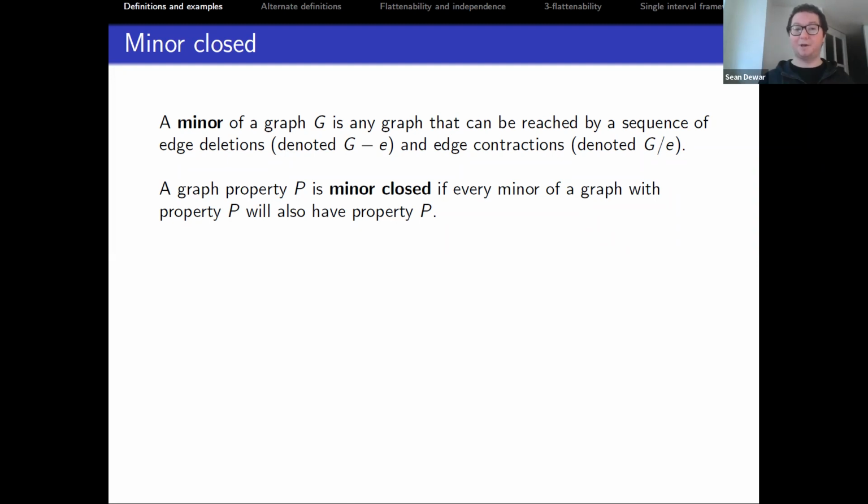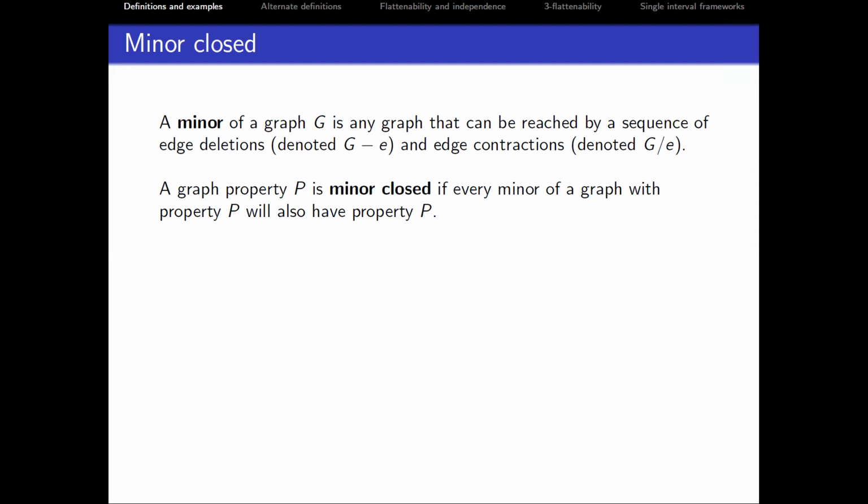It's minor closed if whenever a graph has property P, then every minor of that graph will also have property P. So no matter how you remove edges or contract edges, it stays a property. Now, the important reason why we look at this sort of thing.